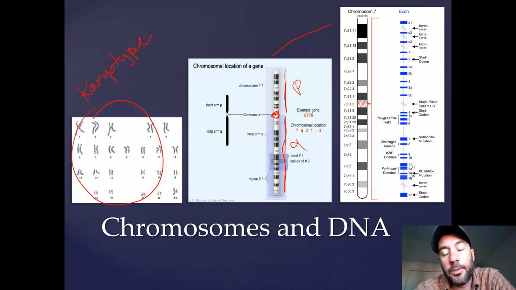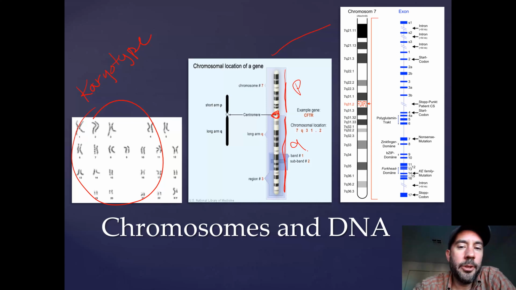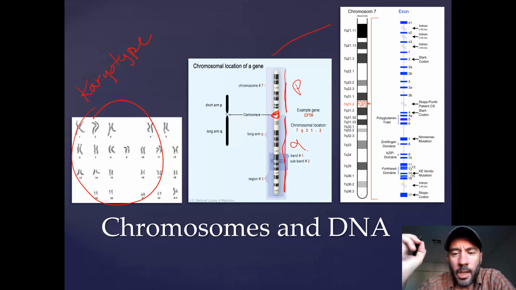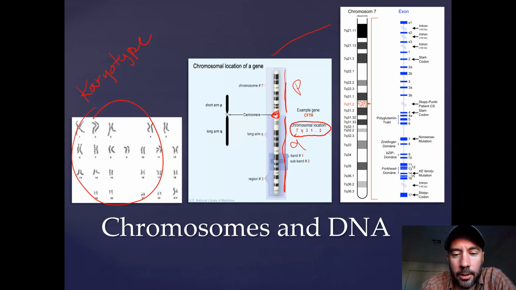But just for future reference, if you're interested in this stuff, one of the ways that you can talk about the location of a gene in the genome is this chromosomal location notation. So if you're talking about a particular gene here, you can say it's on chromosome 7, it's on the Q arm, so that would be this one here, and then you've got a location, 31.2, or region 3, 1.2, and so on.